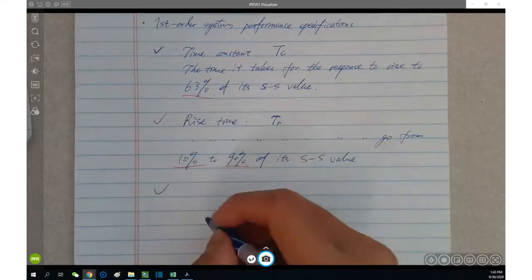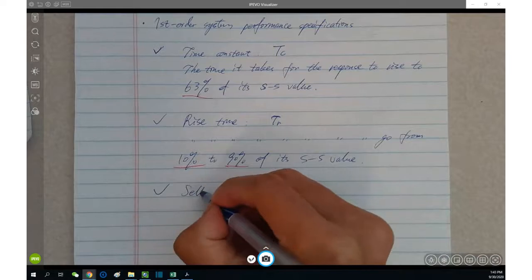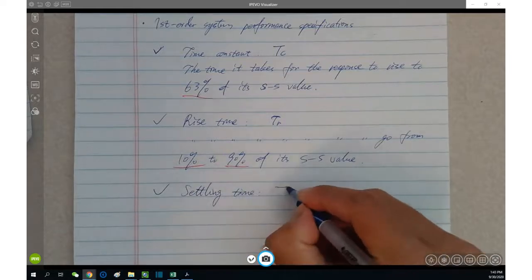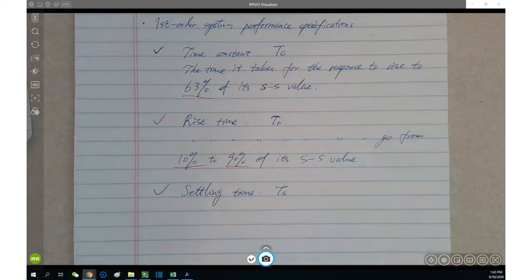And the third one is settling time, T sub s. What does it mean by settling time? It's not very difficult to understand, right? It's just how long it takes for you to settle down to the steady state value.